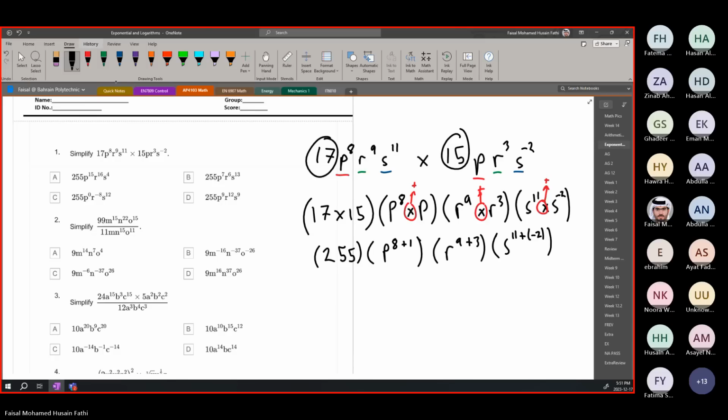Okay? And then 255. P to the power of 8 plus 1 is 9. R to the power of 9 plus 3 is 12. And then S, 11 plus minus 2 is 11 minus 2, which is 9. So your final answer will be 255 p to the power of 9, r to the power of 12, s to the power of 9. That's it. That's all you have to do.